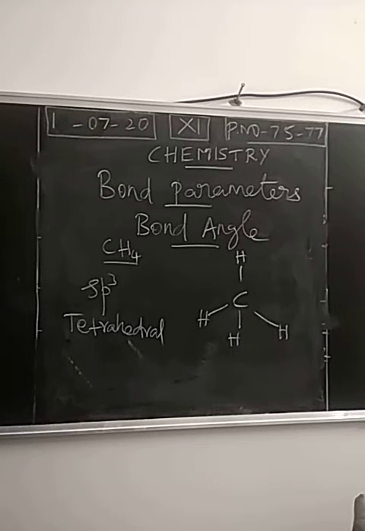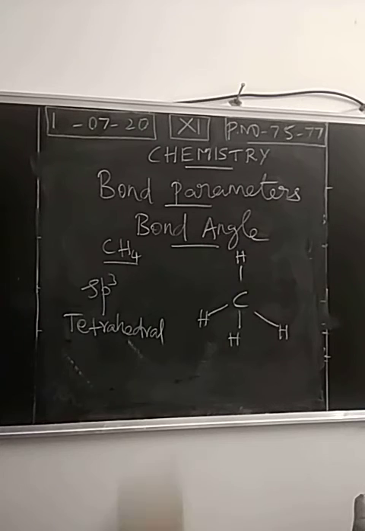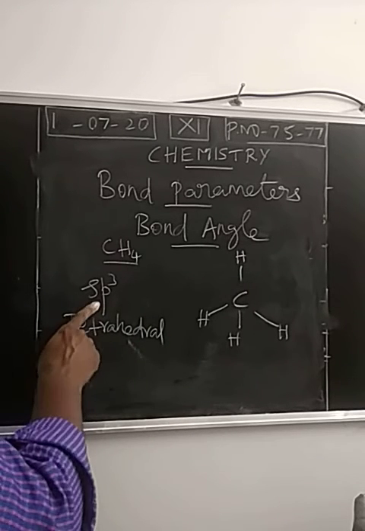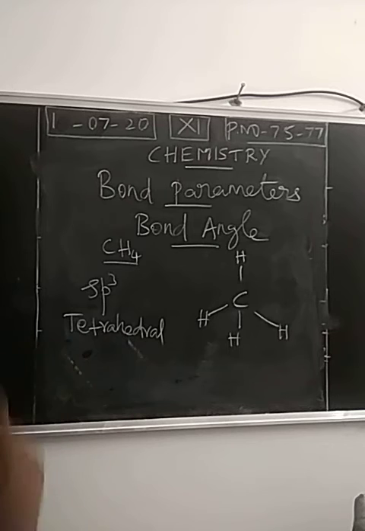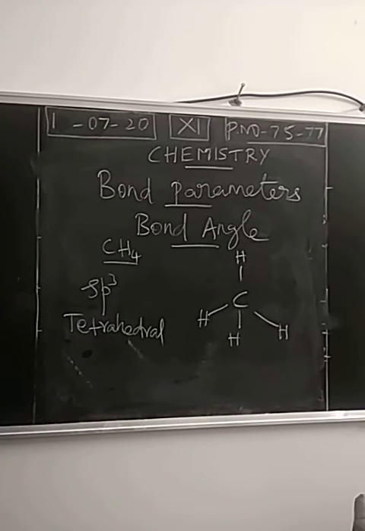Atomic orbitals are overlapping to form a covalent bond. This overlapping is taking place in one particular direction. So in a covalent molecule the atoms will be in particular directions, so for each hybridization we have different structure. sp means linear, sp2 trigonal planar, sp3 tetrahedral, like this. For each hybridization there will be different structures.